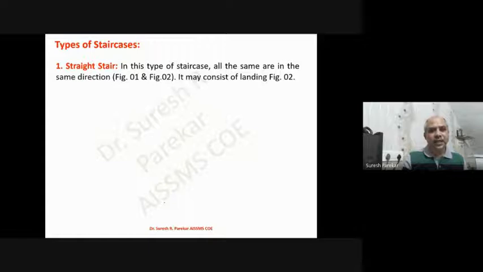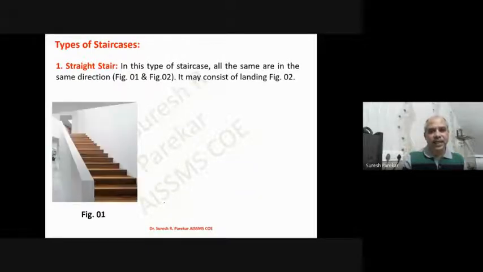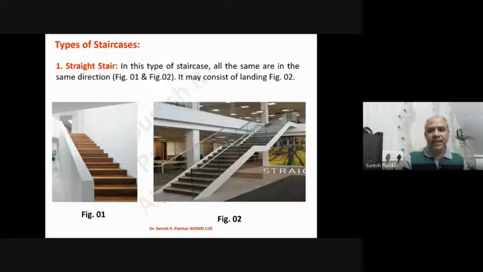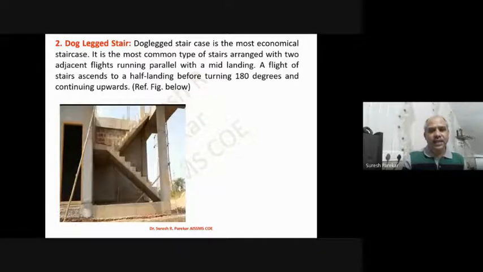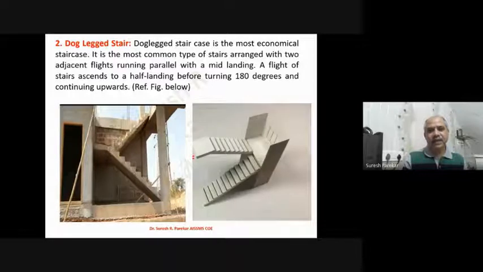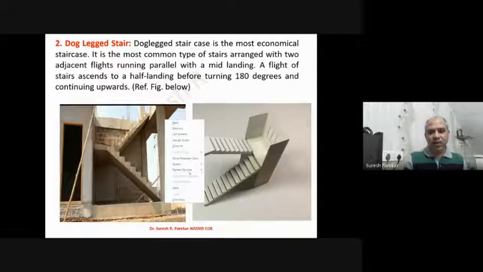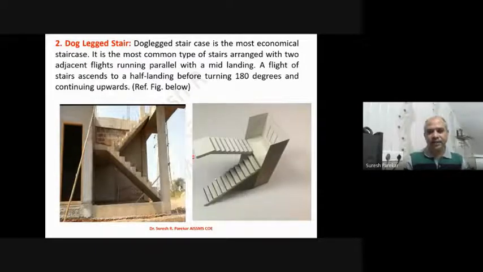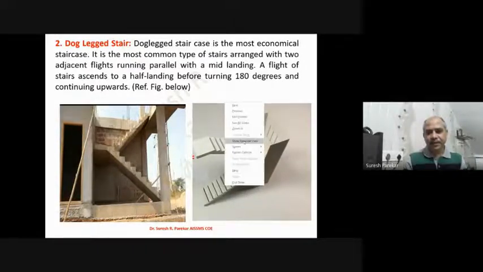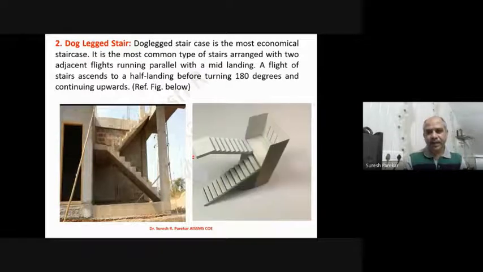Now types of staircases. First we have straight stair. In this we have straight flight and therefore it is called a straight stair. Then dog-leg staircase, so you can see this. We go up from this side, and then again up on this side.